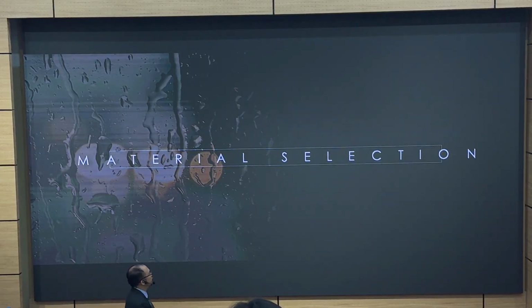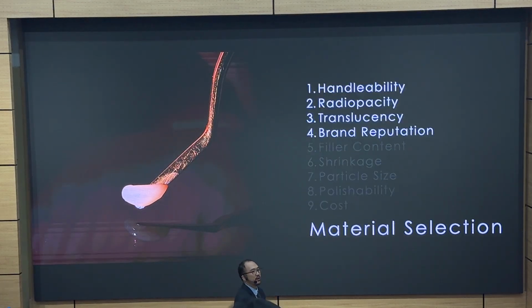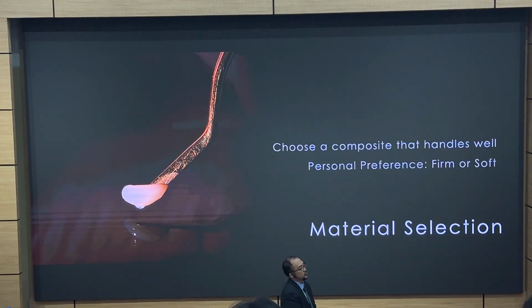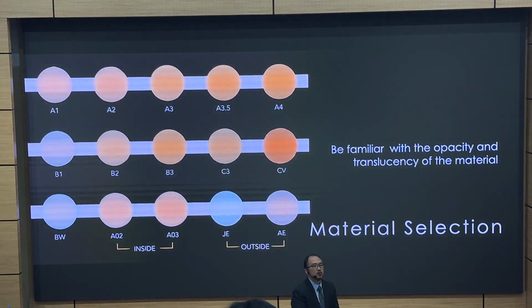Okay? So, to summarize what I was trying to tell you a while ago, on top of the fact that when you choose your material, you have to make sure that you choose the right handleability, stiffness based on your personal preference, you also want to be very familiar with the opacity, the translucency of the filling material.